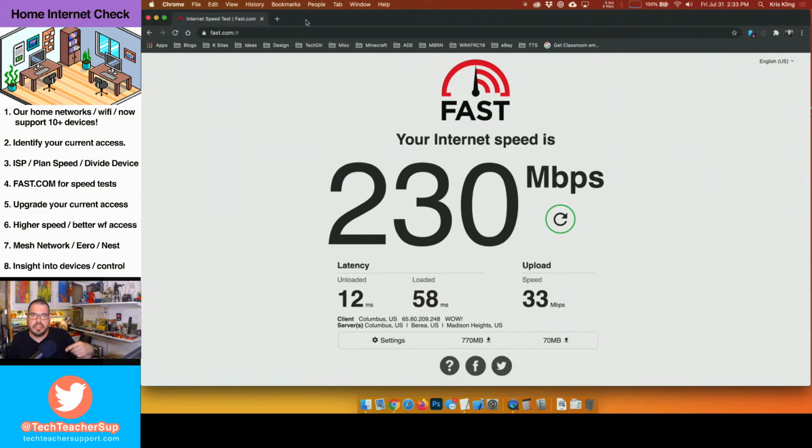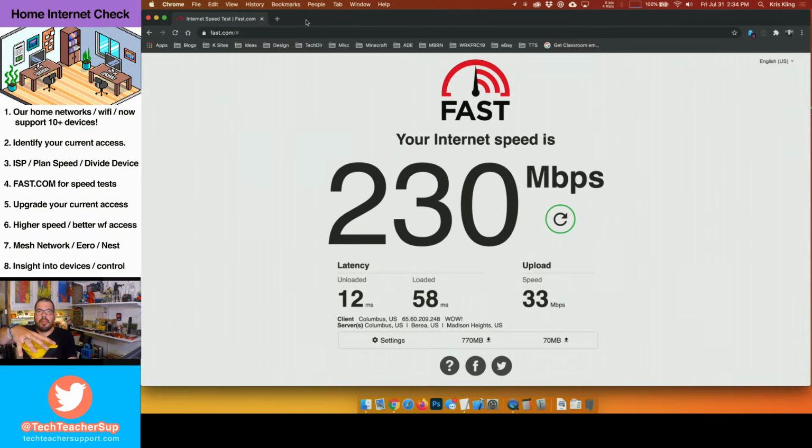The one way to do it is to just get faster speeds. But number 2, what may be happening is you pay for 500 megabit, but your home equipment is actually what's holding you back. And I have right here, you can see this is a funnel. And a lot of times you may have a lot of internet coming into your house, but then your Wi-Fi system in your house is the funnel, and it's only letting a little bit through to your computer.